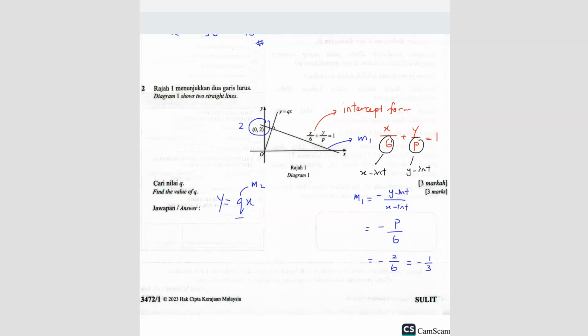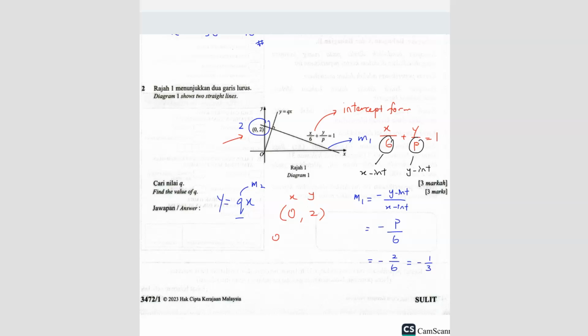Now if you don't know this fact, let's say you happen to have forgotten that the 6 is the x-intercept and p is the y-intercept, then the other way you can solve is by substituting this 0, 2 into this equation and then rearrange to find the value of p. So for example, we know 0, 2 is what? 0 is x, 2 is y, right?